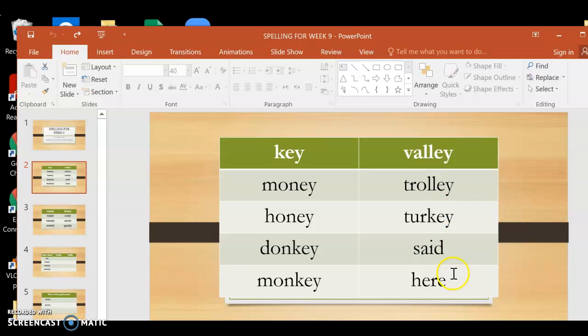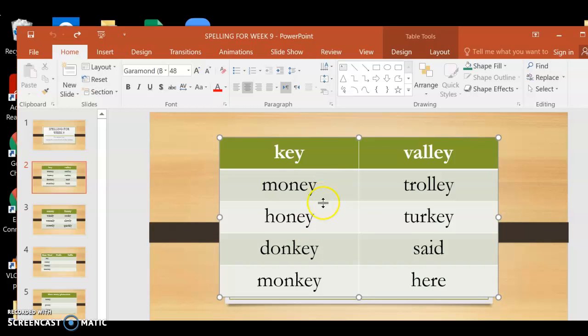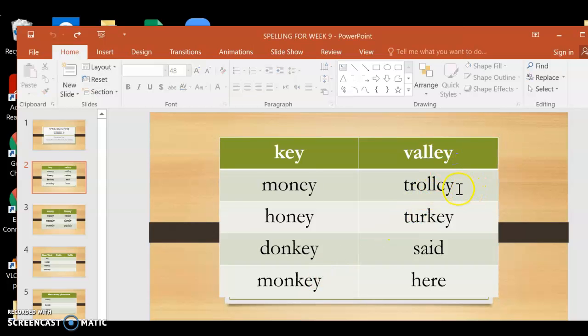And then the last 2 words are from the 100 most used words, said, here. So let's go through them again. Key, money, honey, donkey, monkey, valley, trolley, turkey. Said, here.